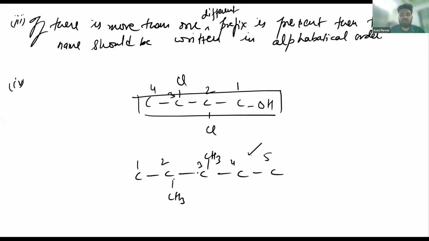So this is the correct order. If there is no functional group of the suffix, then we will start this way. We write 2,3-dichloro. Got it? At 2 and 3 position, we have dichloro. Got it, Charisma? You understood? No, sir. Not understanding.